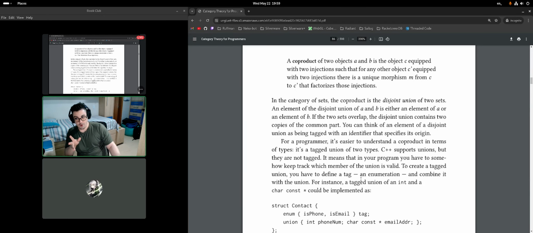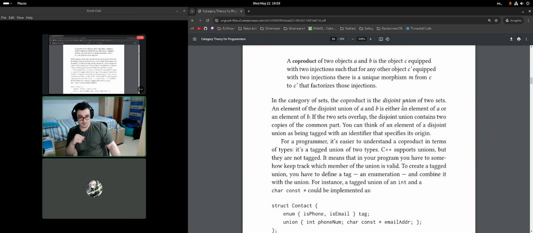So the co-product example is the disjoint union of sets, which needs to be tagged. That basically means that the final outcome of the disjoint union is going to be all the elements from the two original sets, but tagged with their source set.